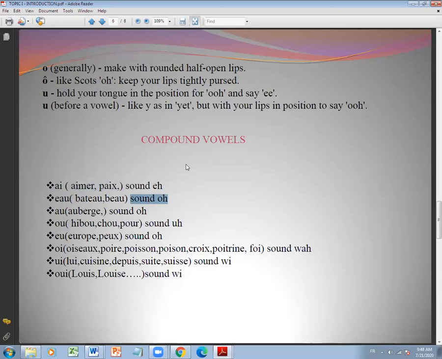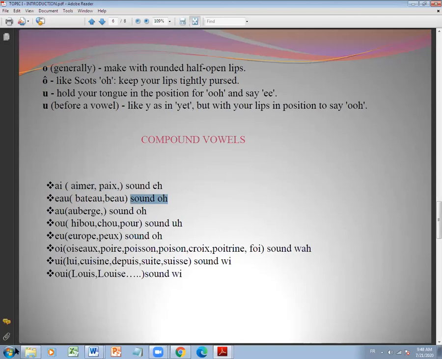The first one is bateau. Very good. Bateau. Yes, as simple as that. The second one? Bureau. Yes.